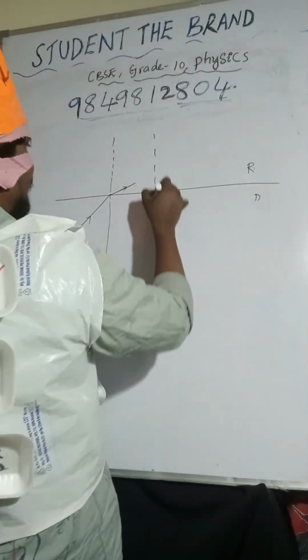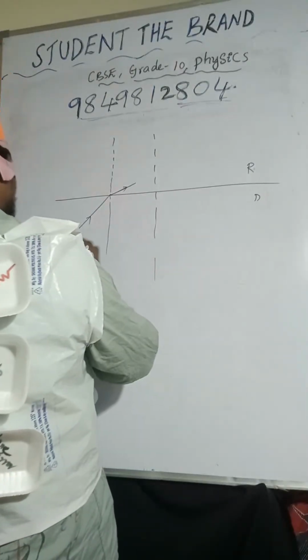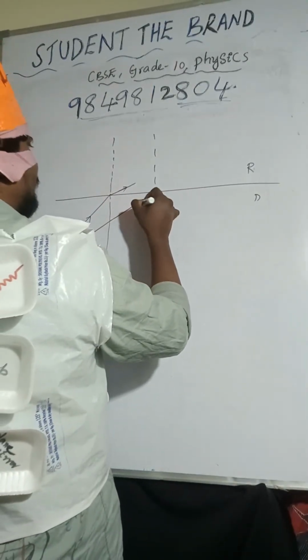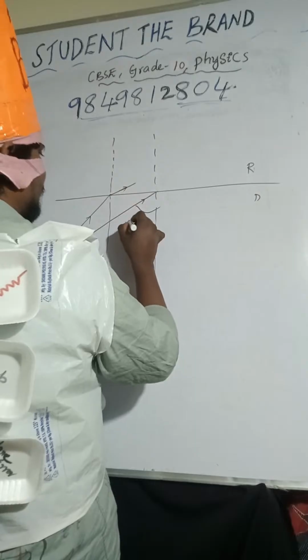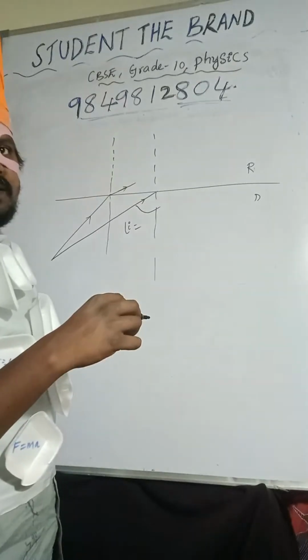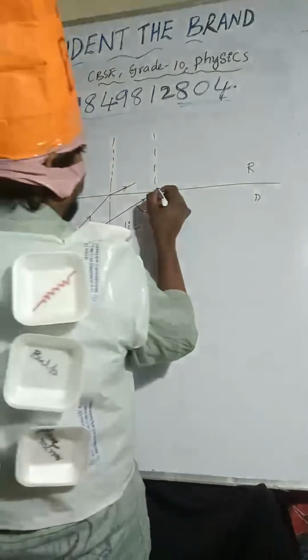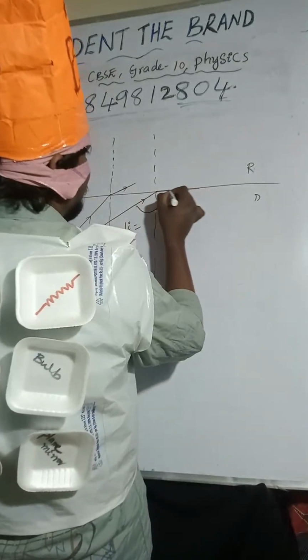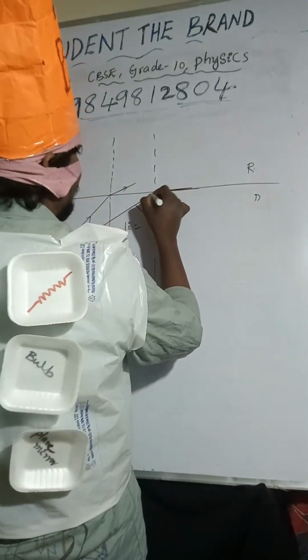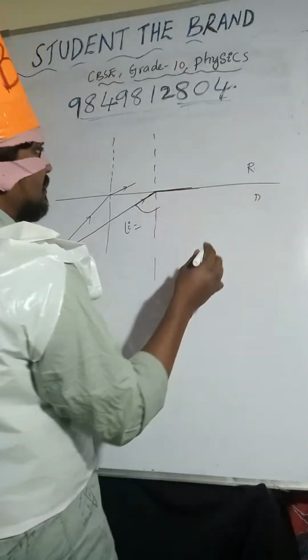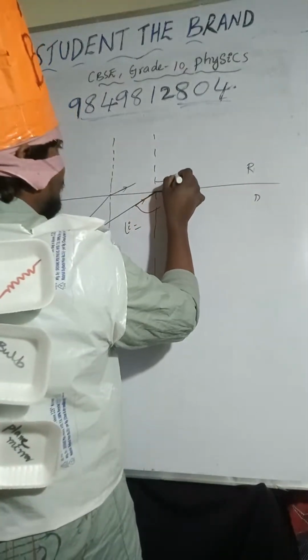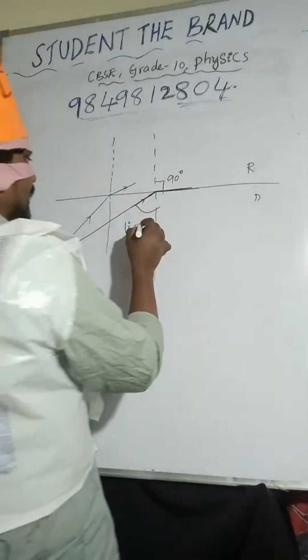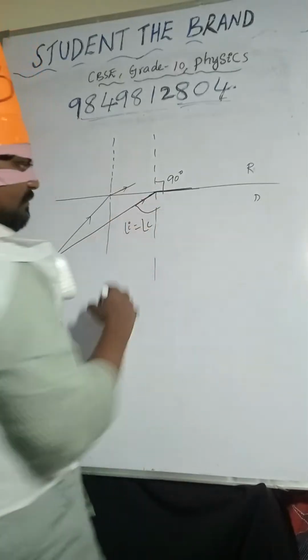So at a certain angle of incidence, the refracted ray moves along the interface, or it makes 90 degrees with the normal line. That angle is called the critical angle.